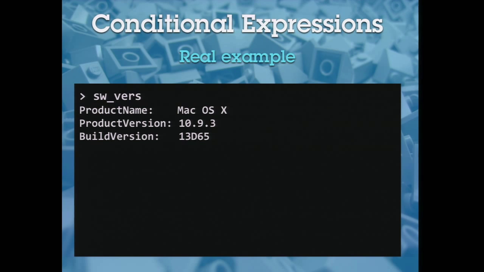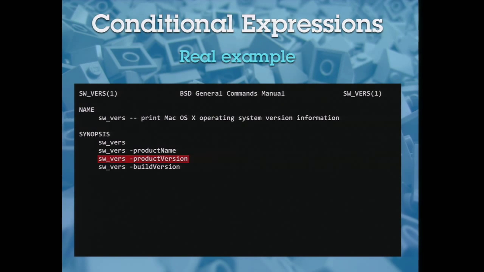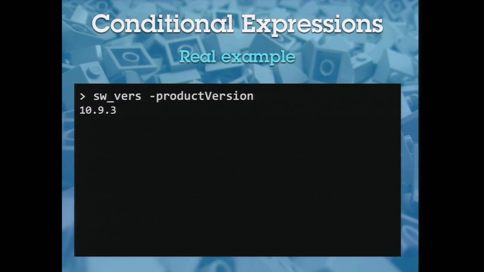We just want to narrow in on the 9, and certainly from here we can use awk to pull that out, but let's look at sw_vers's man page to see if there's anything we can do to reduce the amount of data it's giving us. So, turns out this option, -productVersion, will just return 10.9.3 on a machine running 10.9.3, and now it's much simpler to pull out the 9 with awk. Remember, the default field separator is a space.